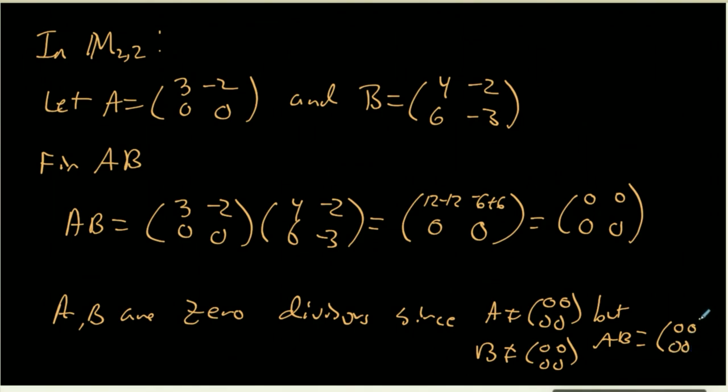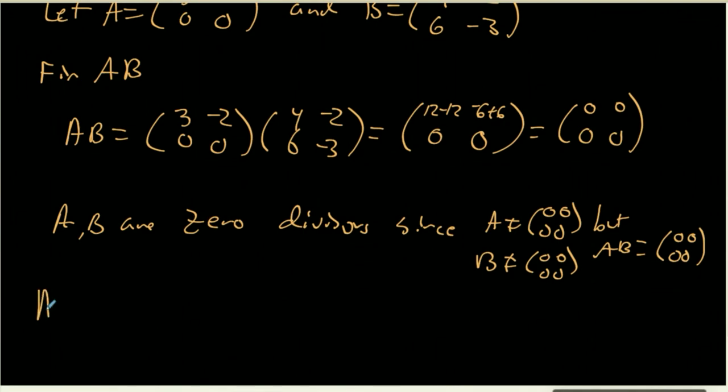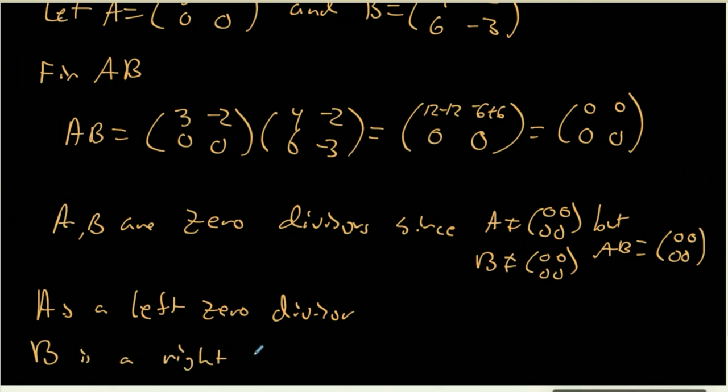Now, the thing right now that I want to notice is that A is on the left side of this product, so A is a left zero divisor, and B is a right zero divisor.